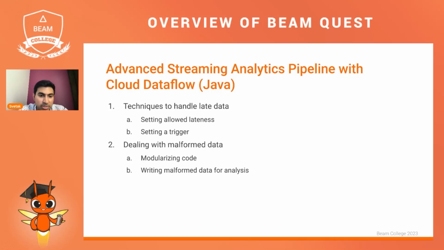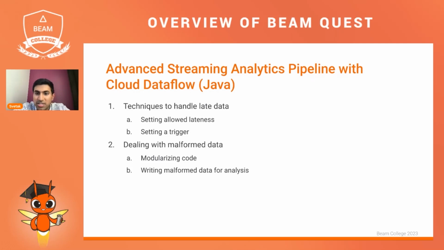For example, techniques to handle late data, so setting the allowed lateness and also setting a trigger. And secondly, we'll be dealing with malformed data. So for example, how we can modularize our pipeline code to best suit this, and then also writing our malformed data for analysis. This will be pretty analogous to dead letter analysis.